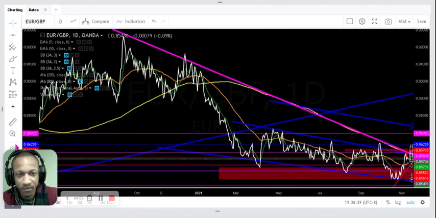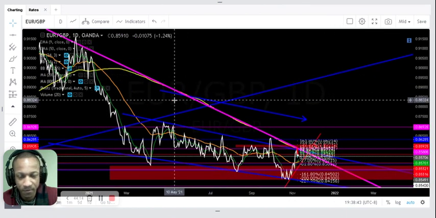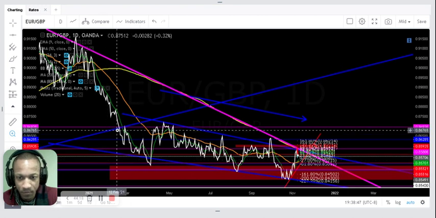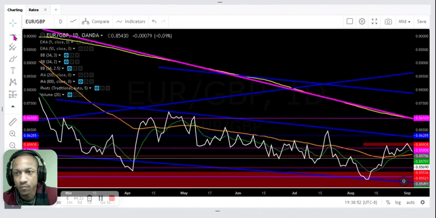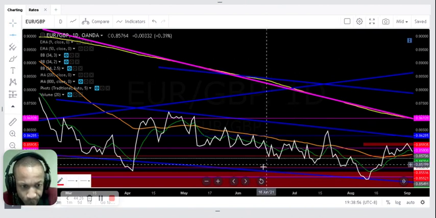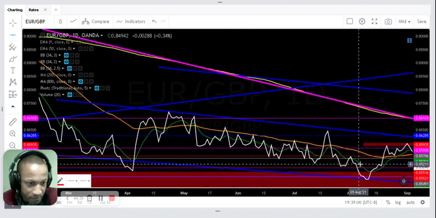I'm about to zoom out and look further left for more structure. So right around where price is now, right here is another one. Price came down, price came up.